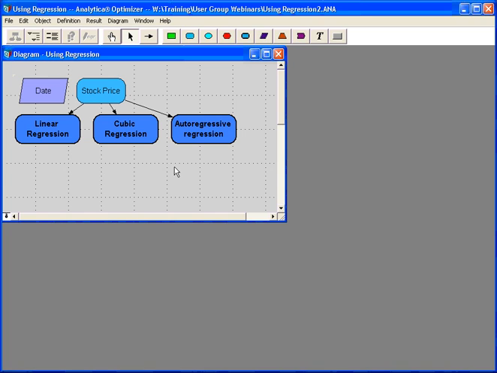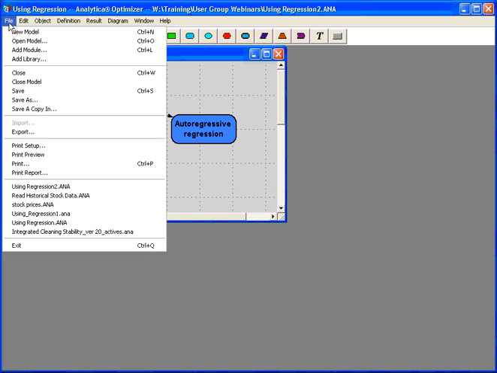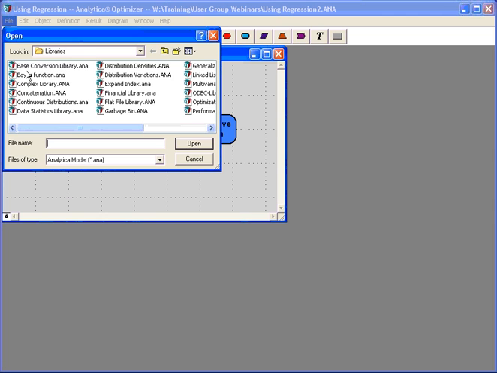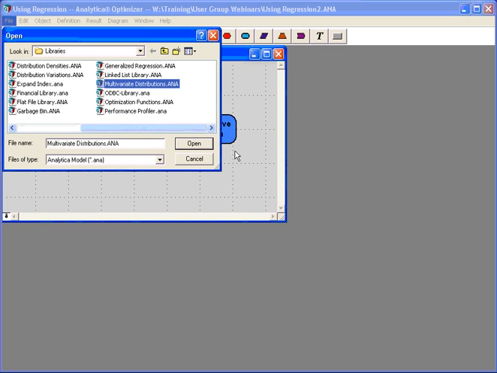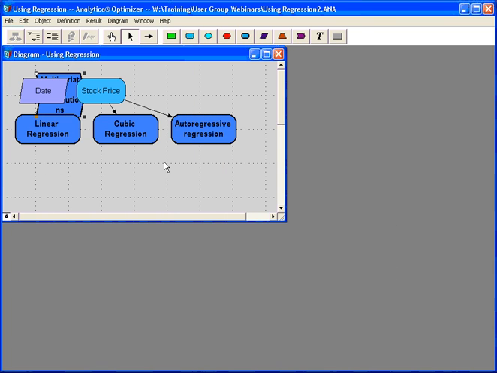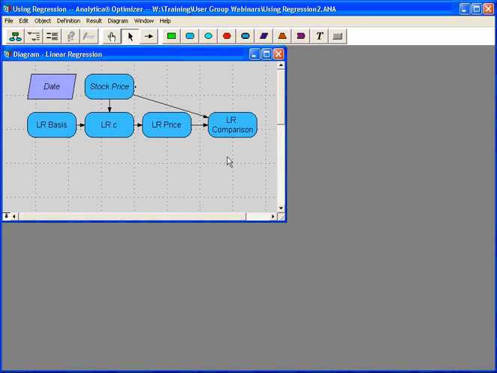Well, with a finite amount of data, our estimates of those coefficients are uncertain. And plus, there's this noise term. So we'd usually like to look at what the effects of that uncertainty are on our predictions. That'll give us an idea how that finite sample size is actually affecting our predictions and prevent a lot of weird things. So I'm going to add a library here to our model that's called the Multivariate Distributions Library. And it has some functions in there for doing regression fits that give us the uncertainty. So going back to linear now, we're looking at the linear again.